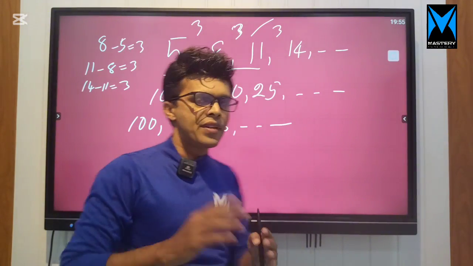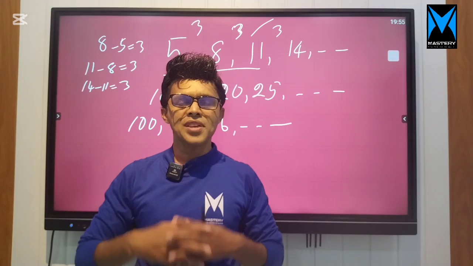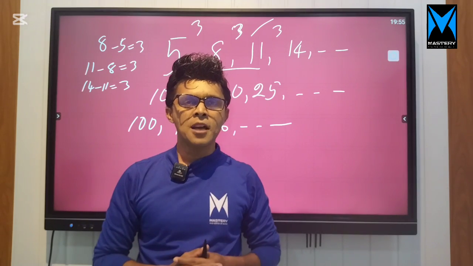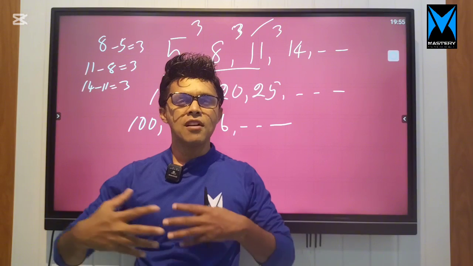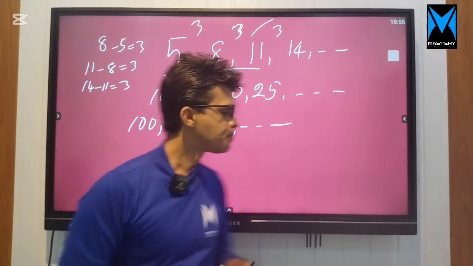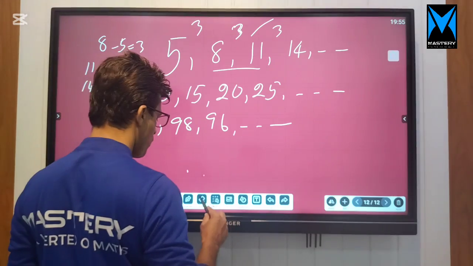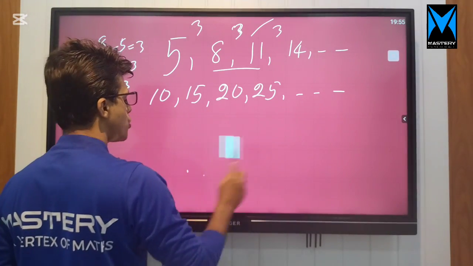But anyway, when it comes to a number sequence, if the common difference is equal throughout that number sequence, then that type of number pattern we name in maths as an arithmetic progression.